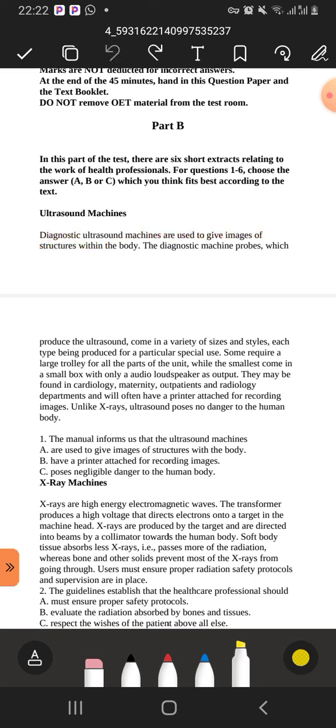The diagnostic machine probes which produce the ultrasound come in a variety of sizes and style, each type being produced for a particular special use. I like that one too, so that I want everybody to be on the same page here.